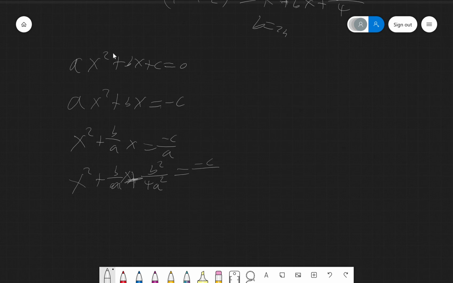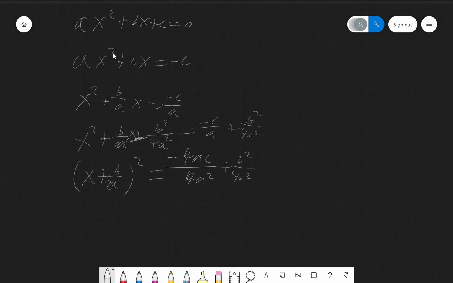Equals negative c over a plus b squared over 4a squared. Now this side becomes x plus b over 2a whole squared equals, find a common denominator, we get negative 4ac over 4a squared plus b squared over 4a squared.